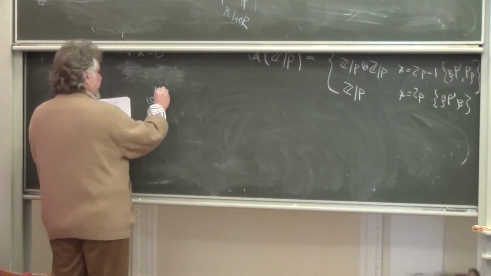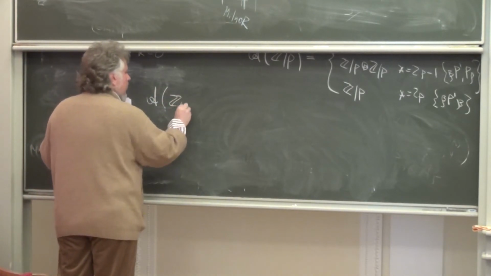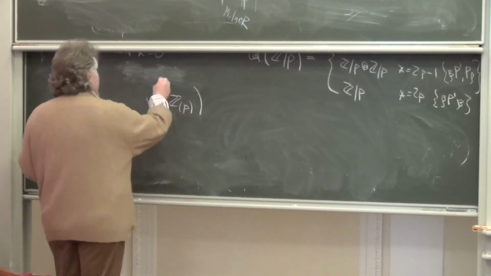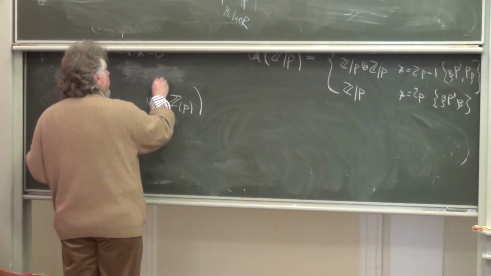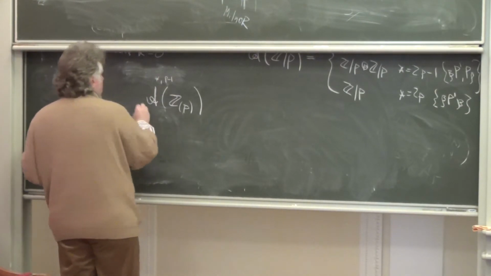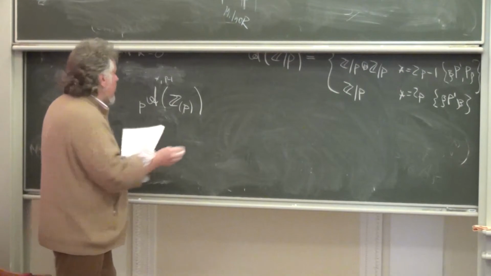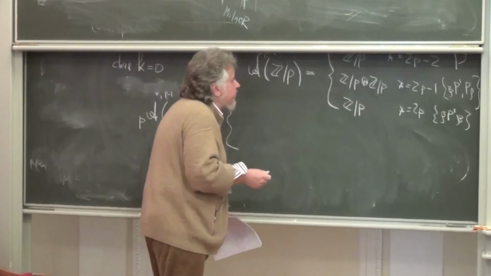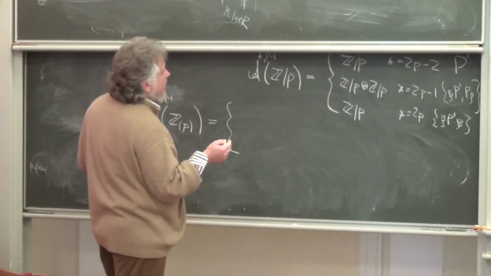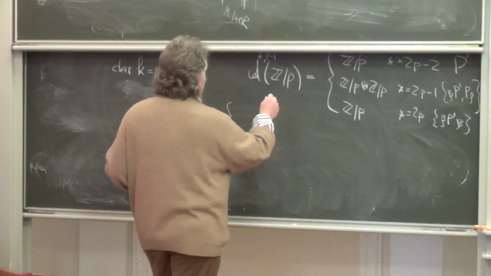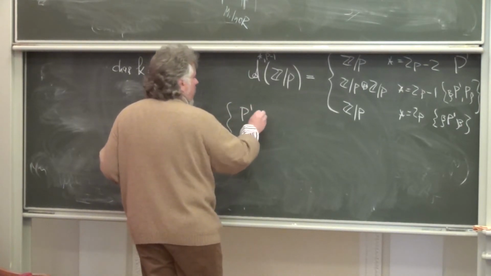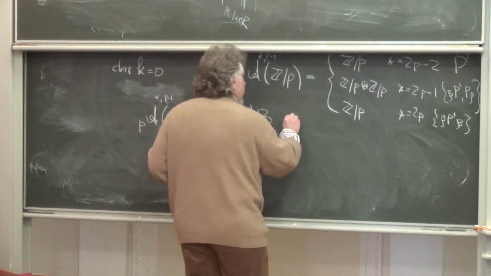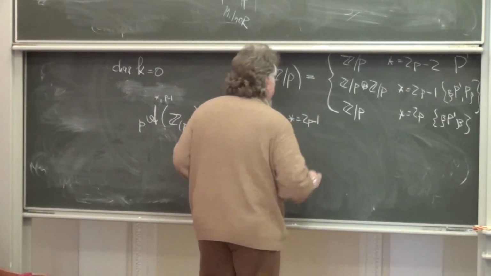We have operations from p-local coefficients to p-local coefficients, and we take p-torsion here. All these operations look like this, so here we have P1, B capital, in degree 2p minus 1.